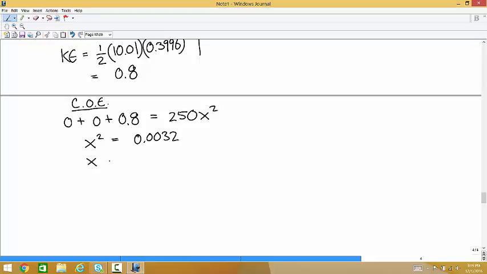And then what's the square root of that? The square root of 0.0032? 0.056 meters. And so I'll take the positive. So it's compressed 0.056 meters, which is 5.6 centimeters.